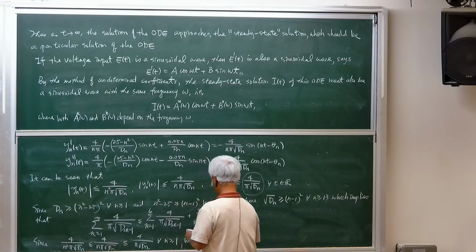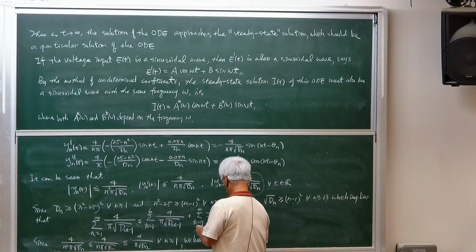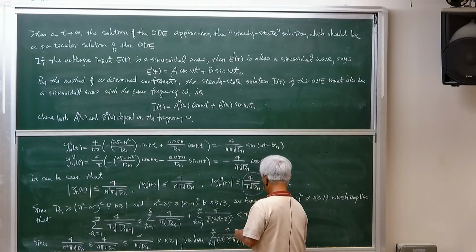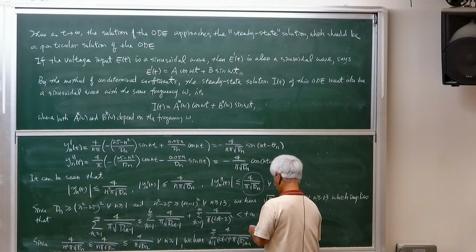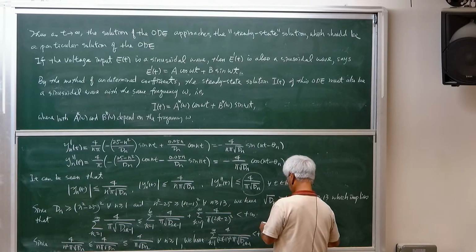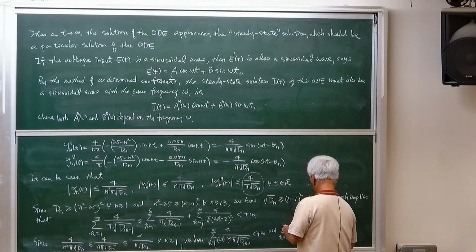Furthermore, we have that the summation of this upper bound for k from 1 to infinity, 4 over (2k minus 1) squared pi square root of d_{2k-1}, is finite, and the summation for k from 1 to infinity of 4 over (2k minus 1) pi square root of d_{2k-1} is also finite.